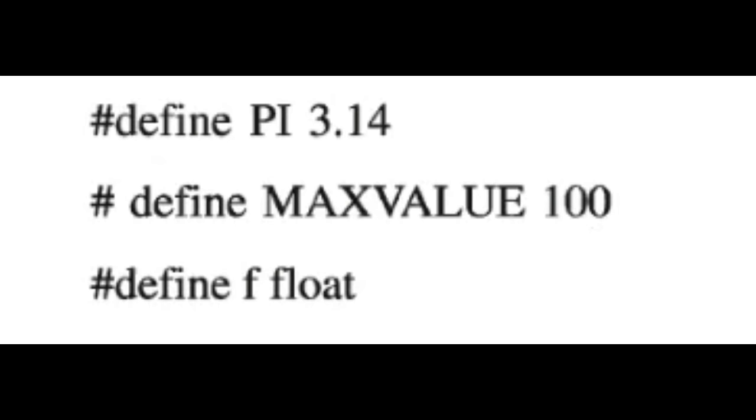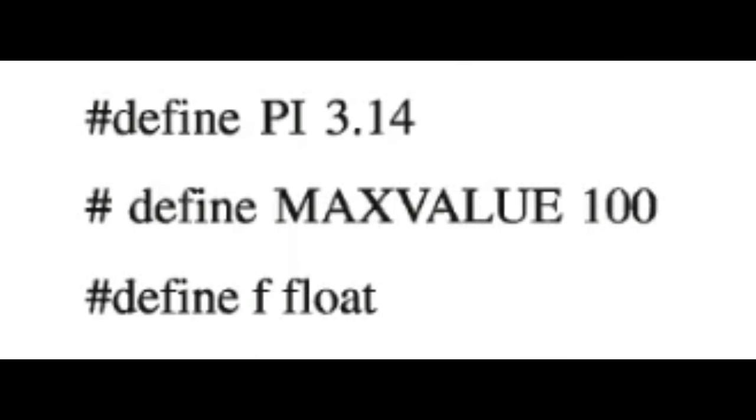If we want to replace it with some other name, for example whenever we write f it should be considered as float, then we use it like this: hash define f, this is the identifier name, and the value is float. So in our program, whenever we want to create a variable with float data type, we are supposed to write f only instead of the whole word float.